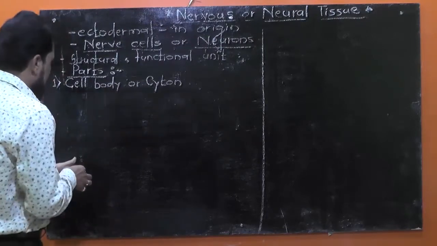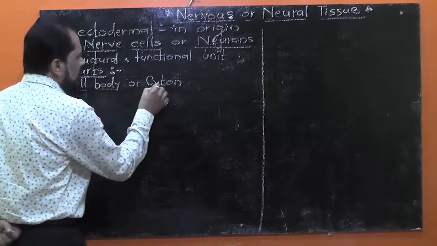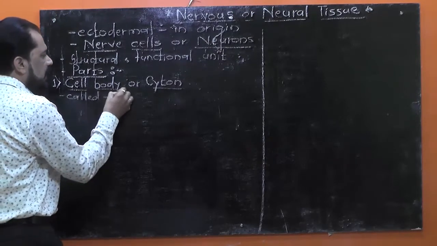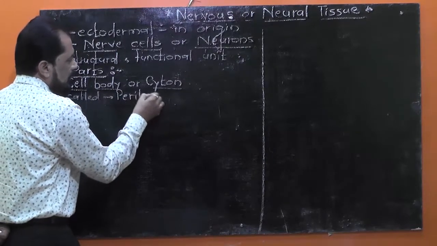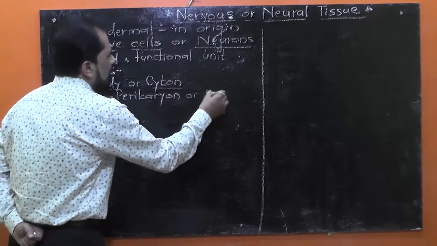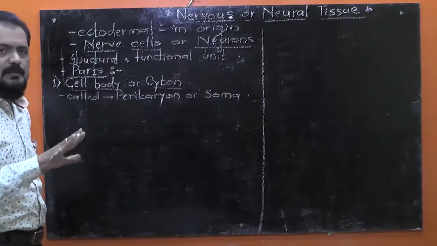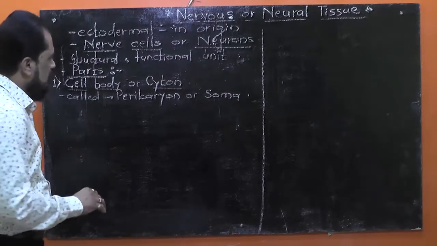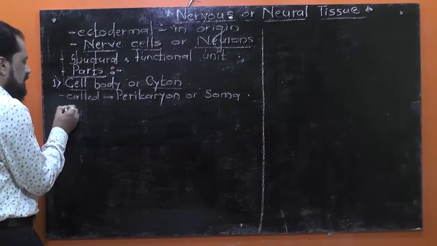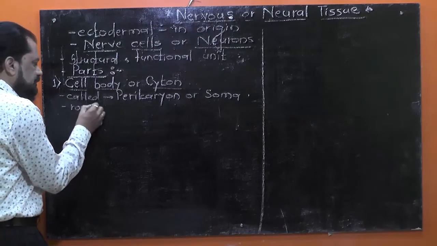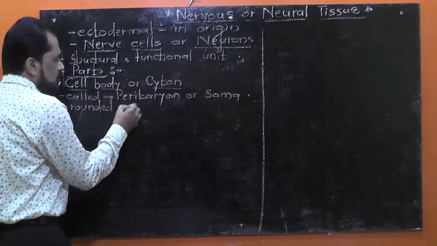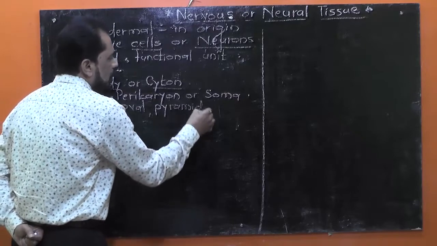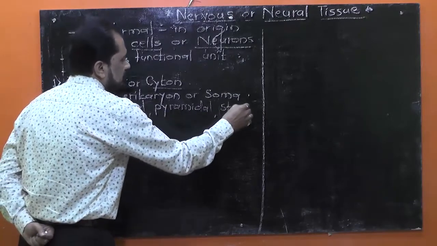Let us talk about the cyton. The cell body or cyton is also known as perikaryon or soma. This cyton is either rounded or oval or pyramidal or star shaped.